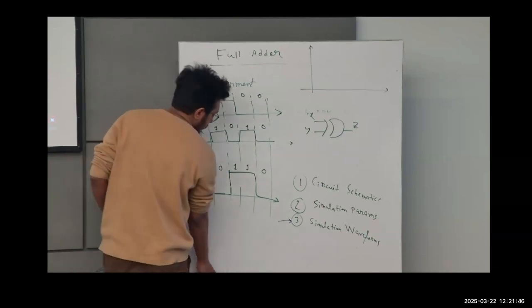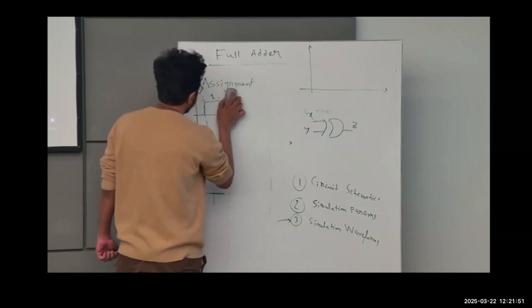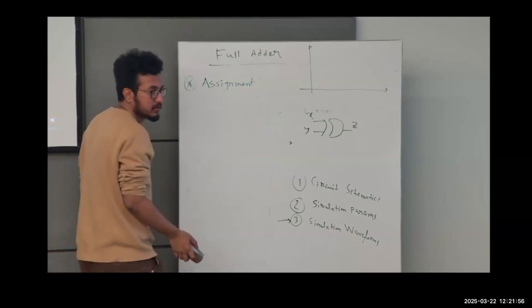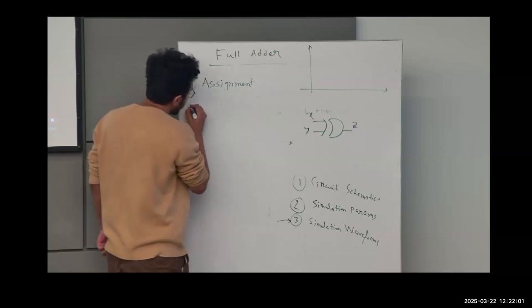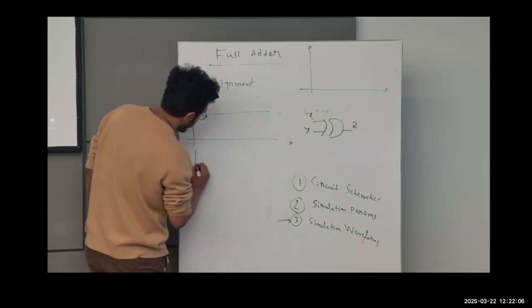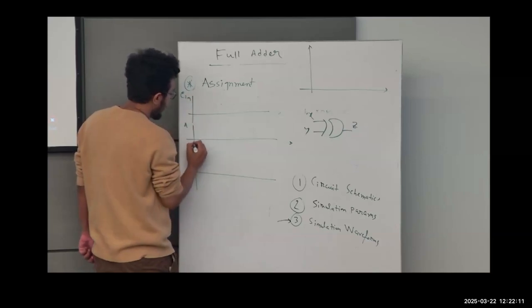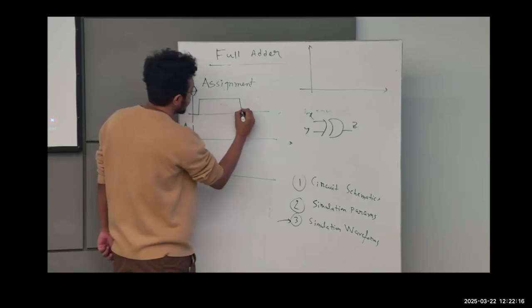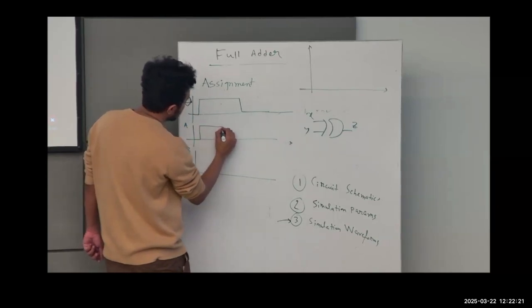And for the second one, the full adder circuit, how many inputs do you have? Think about it. You have 3 inputs. So in your adder circuit, you should have 3 inputs and 3 waveforms like this. You have carry in, A and B. Your carry in should be like this, and your B should be half of this.